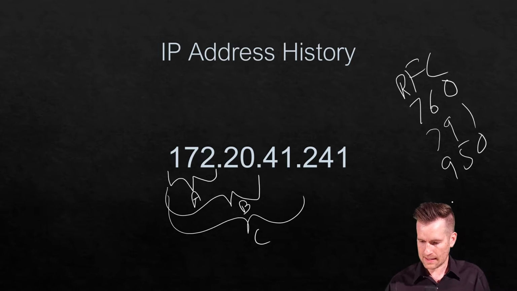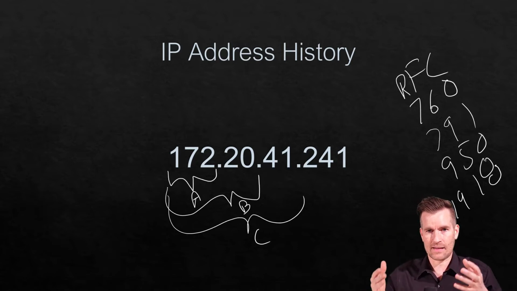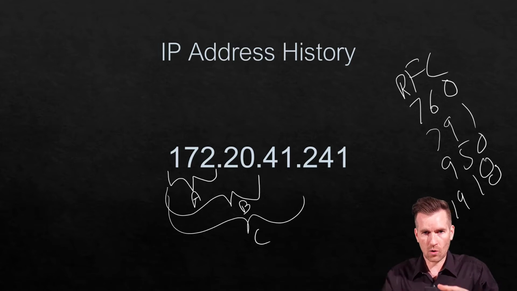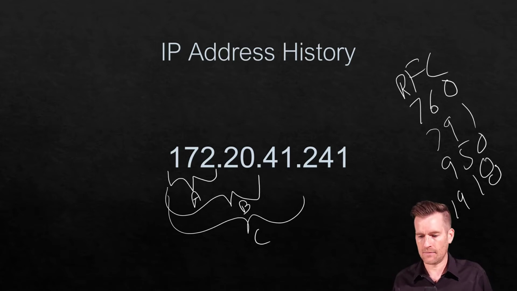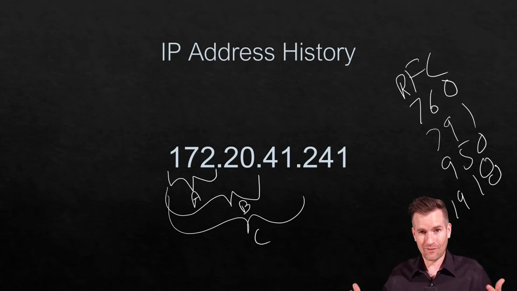RFC 1918, and RFC 1918 created some private addresses. Those private addresses can be used on your local area network, but then they get translated into some sort of public address when they go out the router or the firewall. So that's where we get NAT and PAT involved. That worked for quite a while.